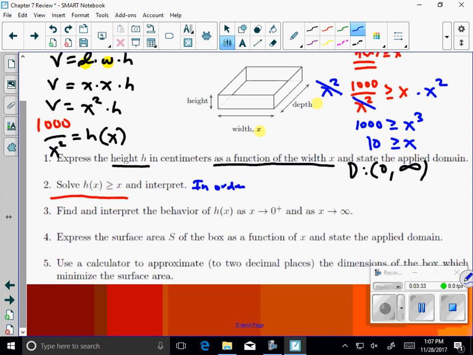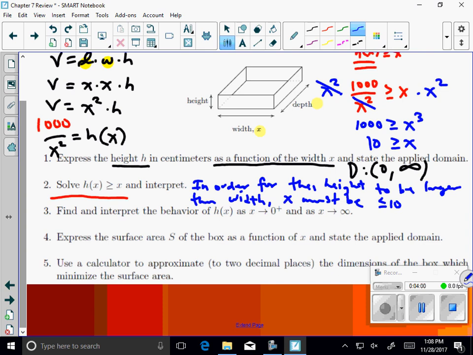In order for the height to be larger than the width, x must be less than or equal to 10. If it exceeds 10, then the height will no longer be larger than the width. Because 10 would mean that it's a perfect cube, right? Then the box is 10 by 10 by 10. So it'd be a cubic box with a volume of 1,000.